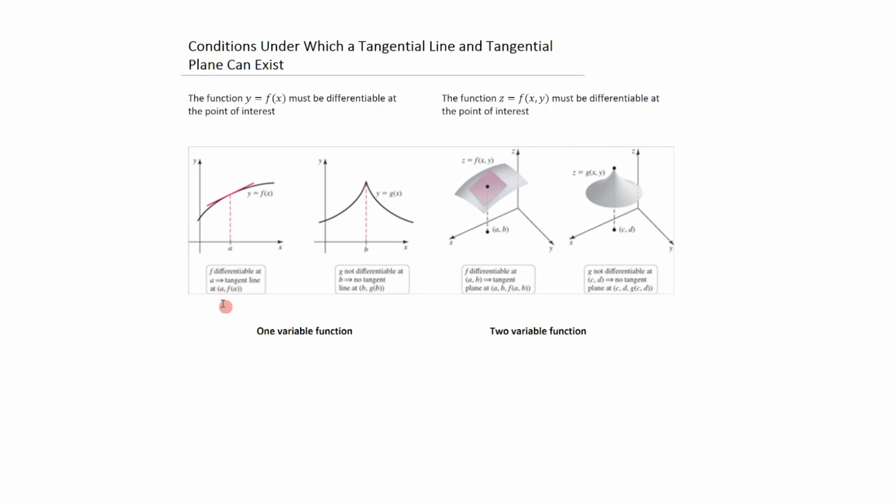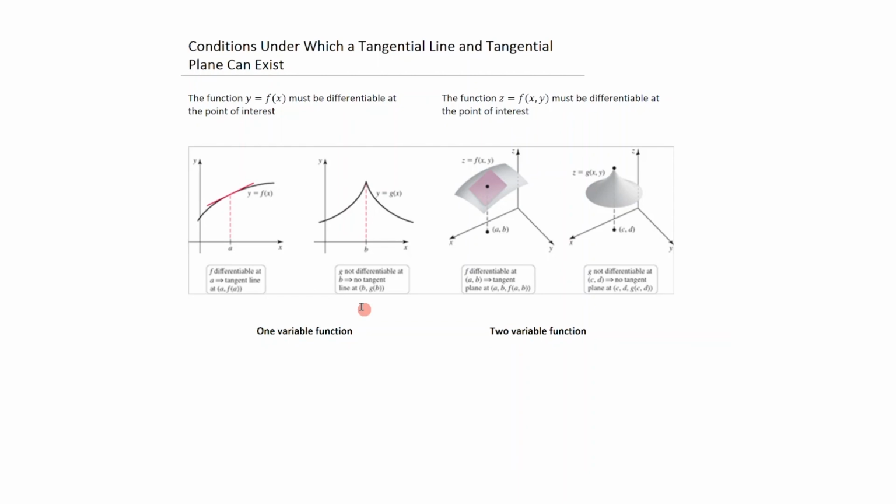The example you see here is a smooth curve, and so a tangential line exists. In contrast, here you can see there's a cusp at the top, which means the slope of the curve changes abruptly at the cusp, which means at that point the function is not differentiable.